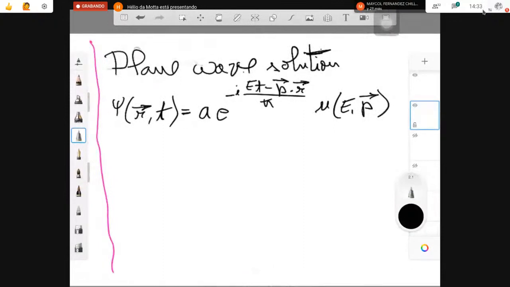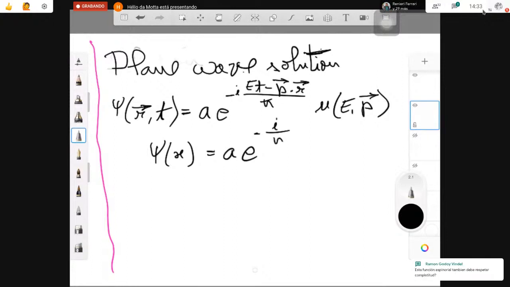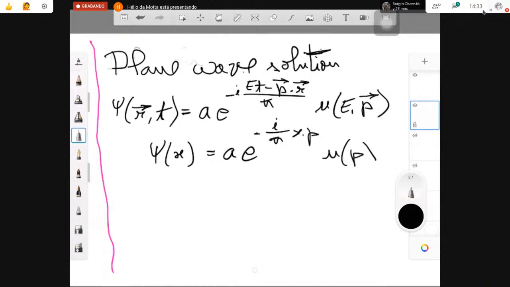Then X. Okay, this thing here. So it's like that wave with several components, okay?